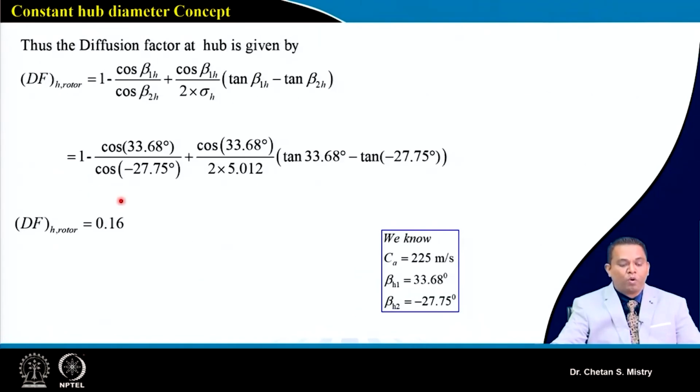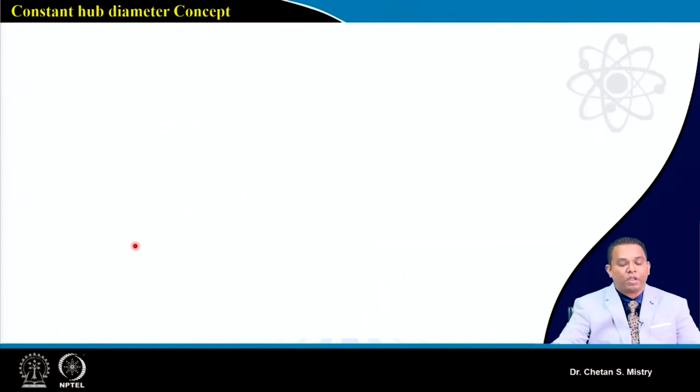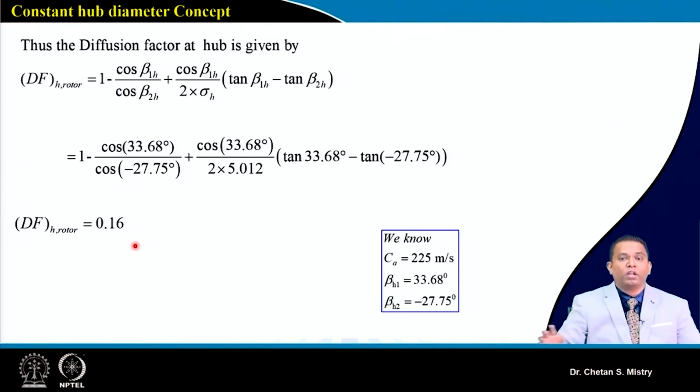Now here we will be doing our calculation for the diffusion factor, and as we know our solidity, we can say the diffusion factor at the hub is coming 0.16. So here this is the discussion about the design method using constant hub diameter, and we have done our calculation for the radius at the hub, mid and tip stations, at the exit of the stage and at the mid of the stage.